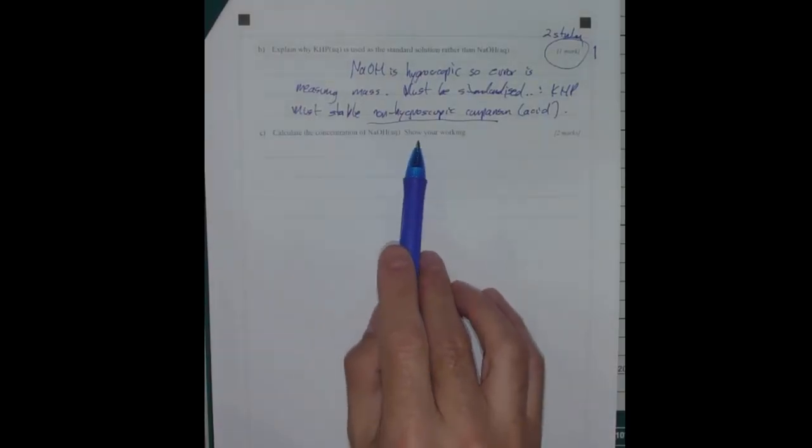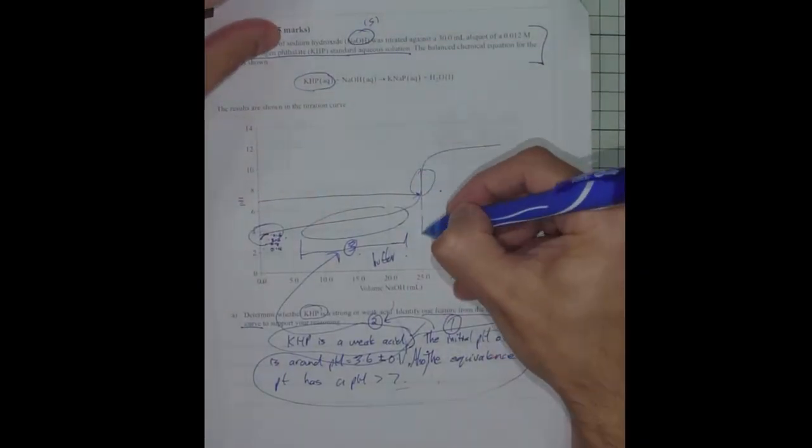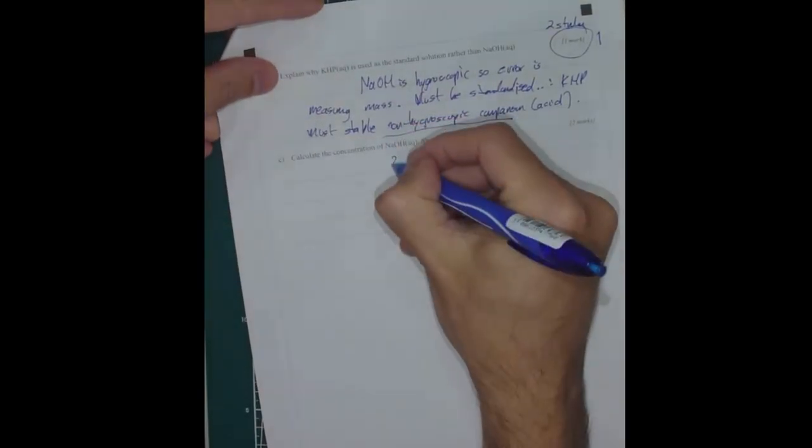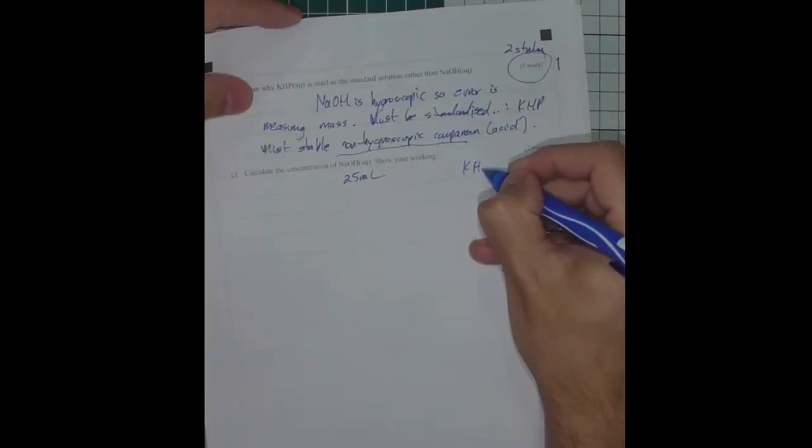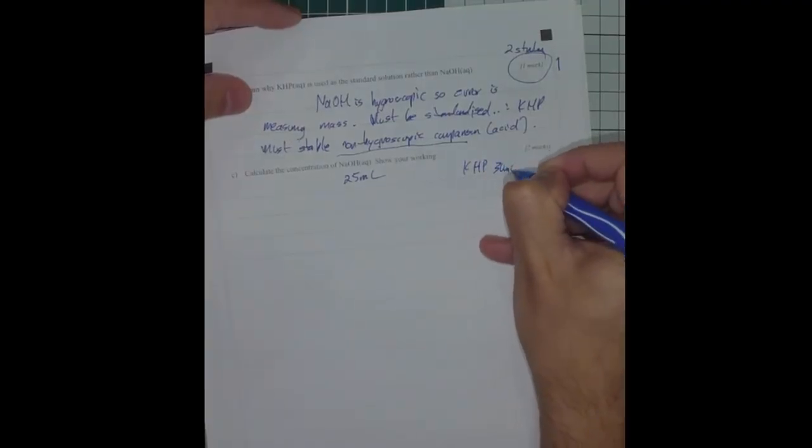Calculate the concentration of NaOH, show your working. All right, NaOH, I hope this is nice and easy. Yes, 25, good. So we got 25 mils. I hate turning pages, it's really annoying. 30 mils, 0.012 KHP.